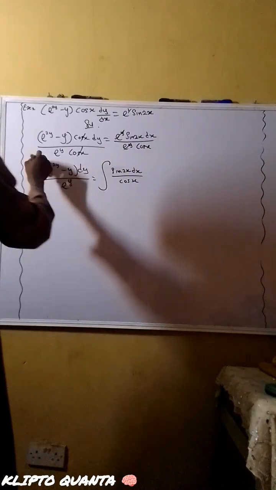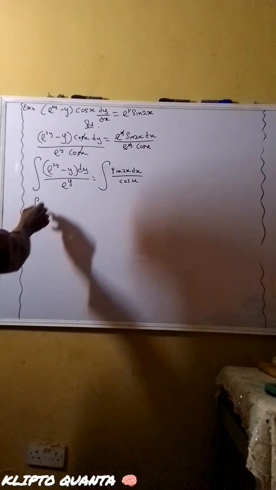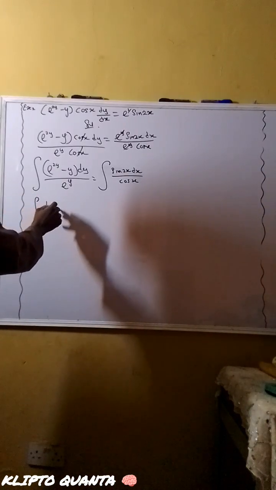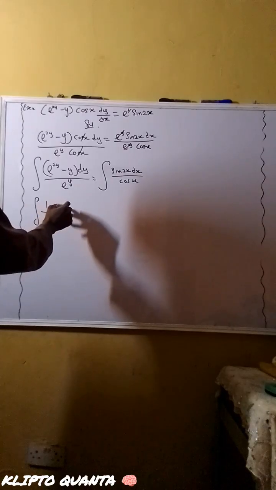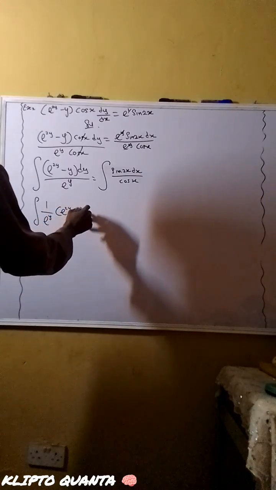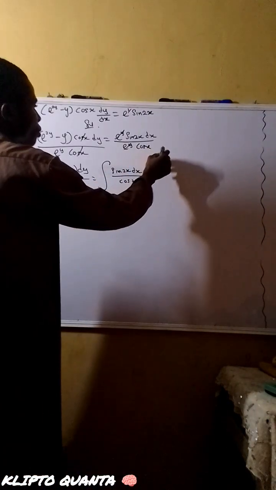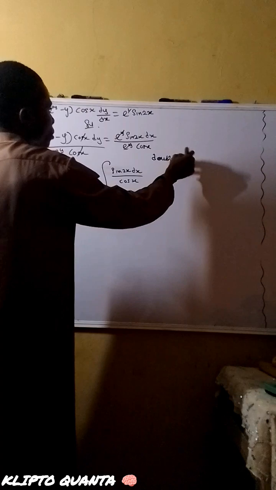So what do we do next? We integrate both sides. Then from this point, we know this can be the same thing as 1 over e raised to power y of e raised to power 2y minus y, dy equals to, now do not forget, this is under double angles. Under your trigonometry, we call it double angles.